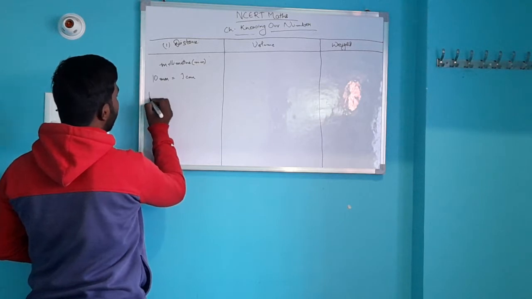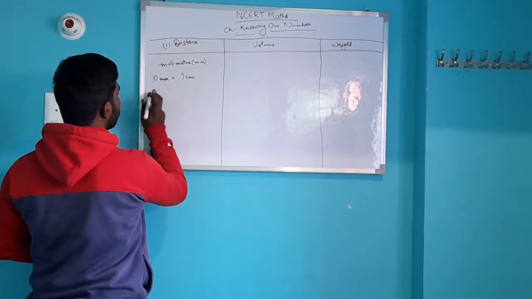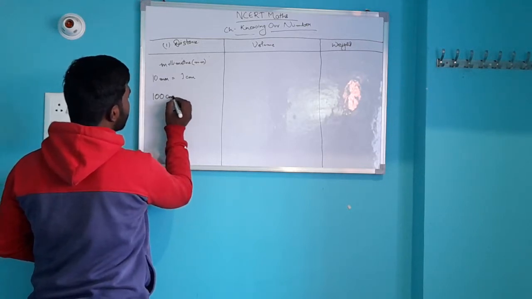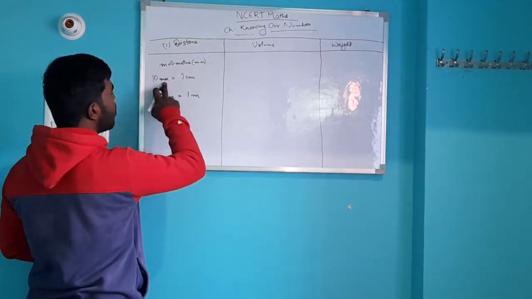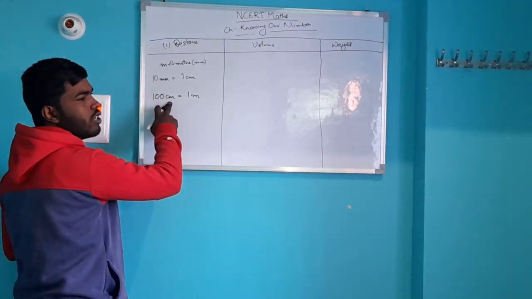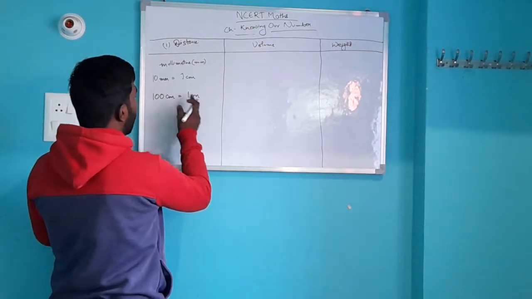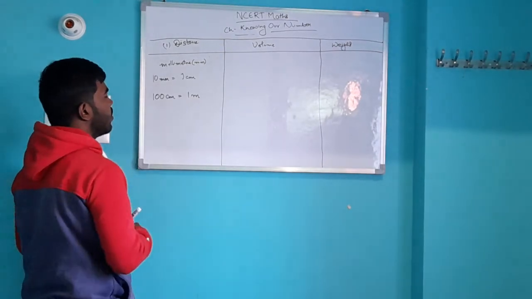And 100 centimeters equals 1 meter. This is the smallest unit, and this is the second smallest unit. It's larger than this, but for large sizes we also need meter.